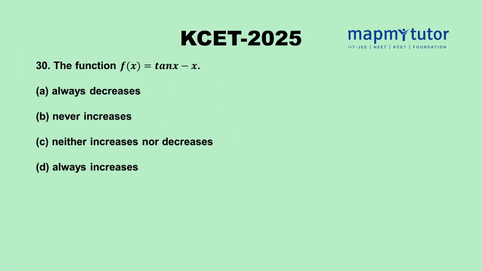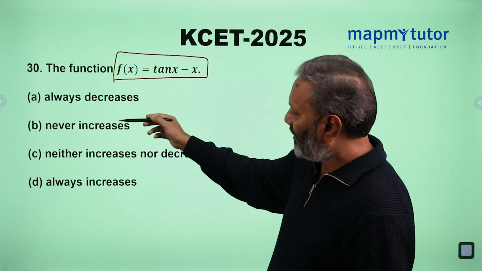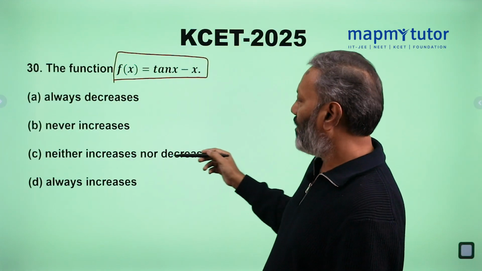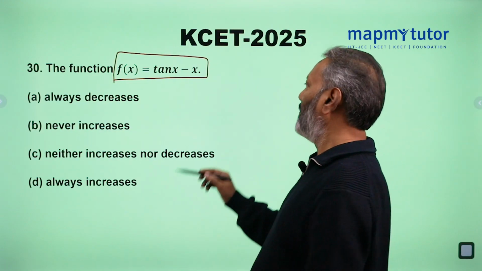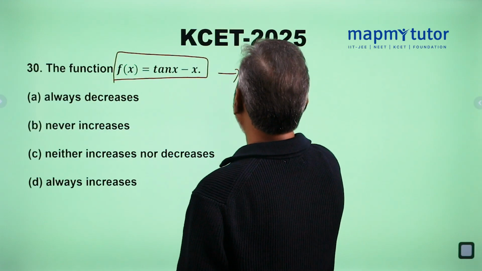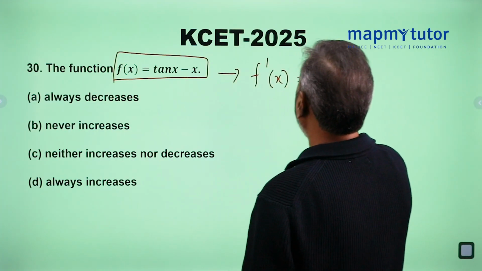The function f of x equal to tan x minus x. Look at the options: always decreases, never increases, neither increases nor decreases. That means it is based on increasing, decreasing nature. And we know that increasing or decreasing property depends on the derivative.